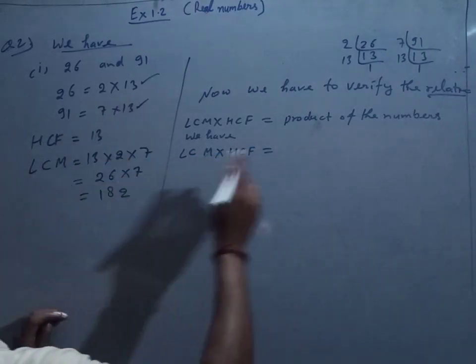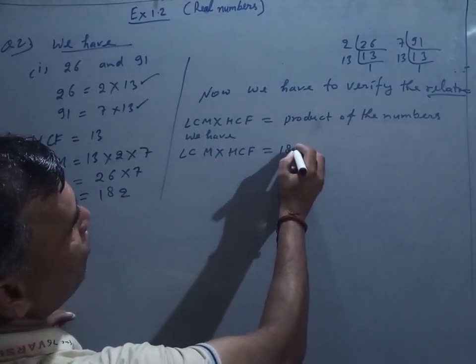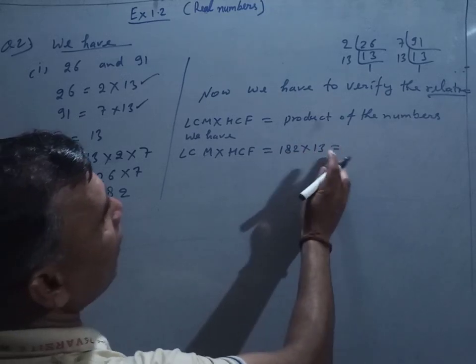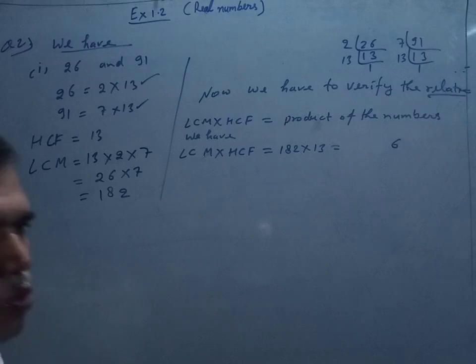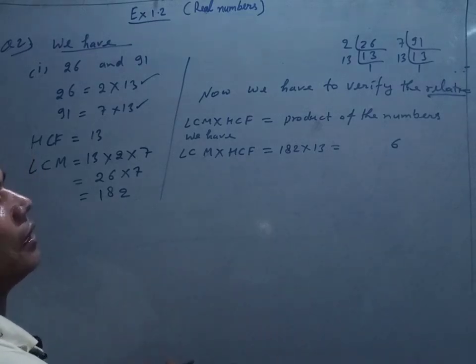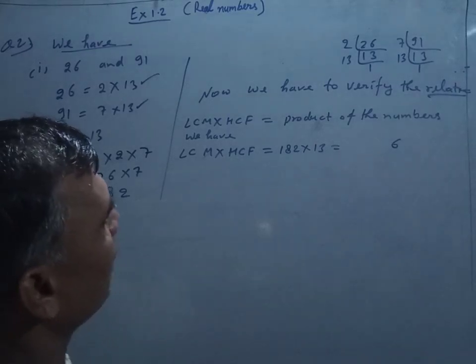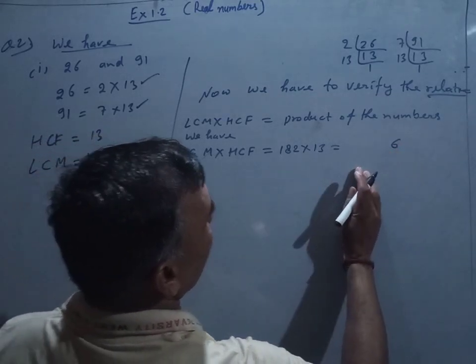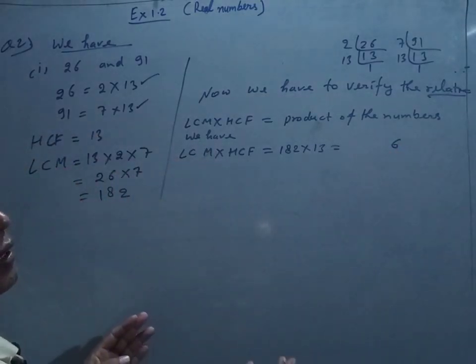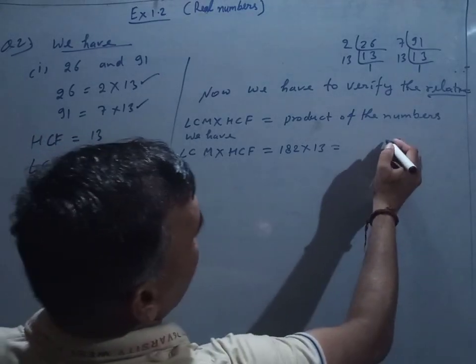Here the LCM is 182 multiplied by 13. 13 twos are 26, 2 carry. 13 eights are 104 and 2 carry is 106.